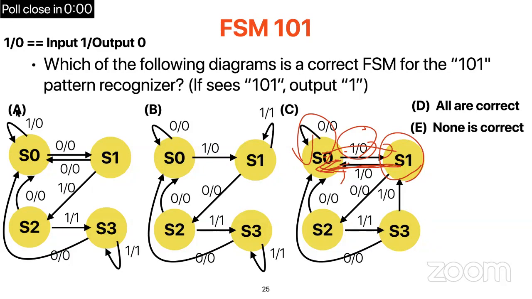Well, you are at S1 because you already received a 1, right? So if you are right now at S1 and then you get another 101, 1101, is that a pattern that should output 1? Tell me. Yes. But in this case, it will output 0, right? Oh, okay. Yes, I see. So that's not what we want, right?